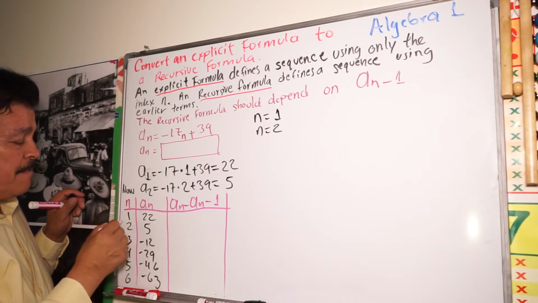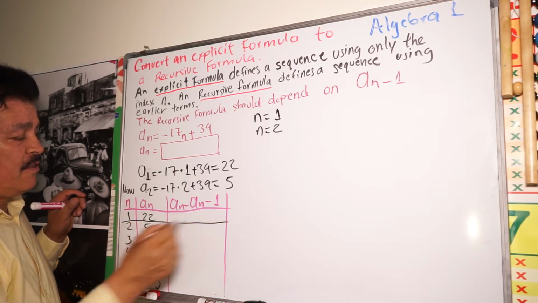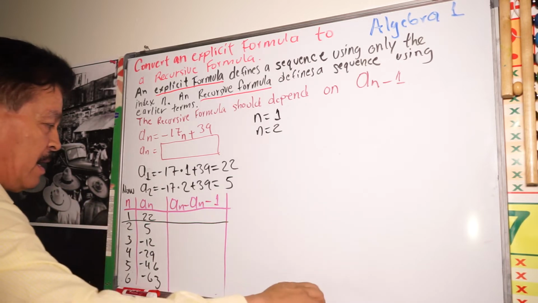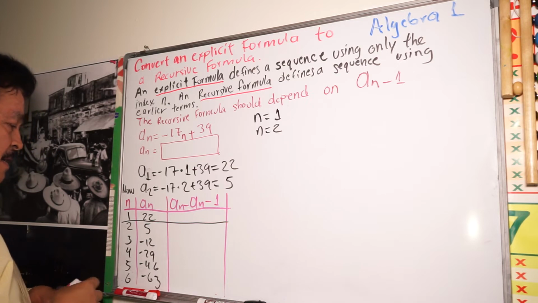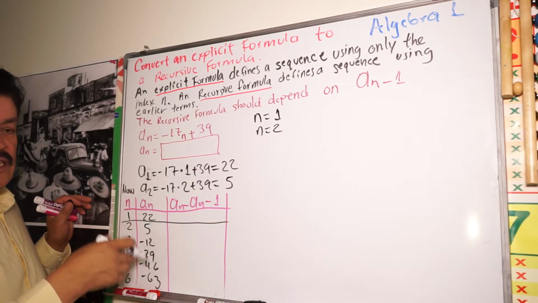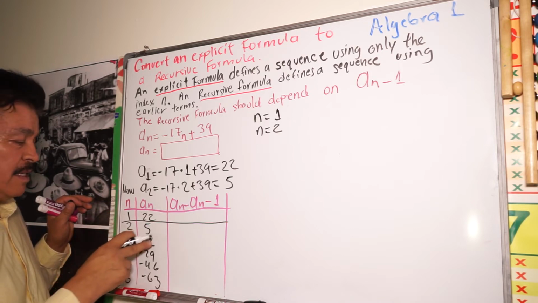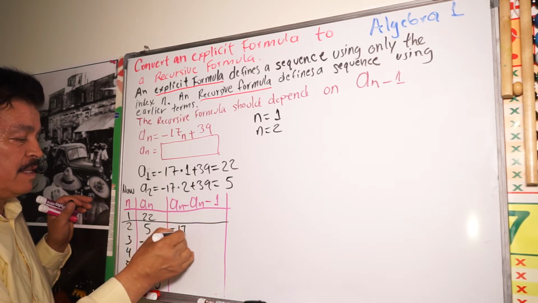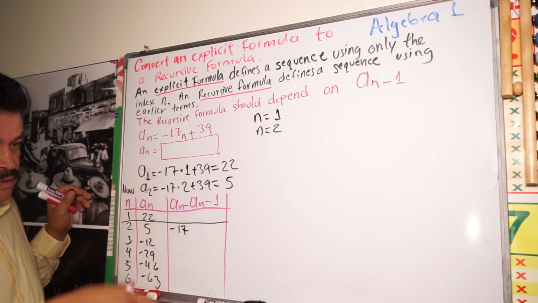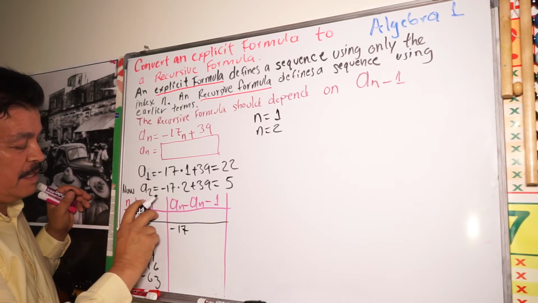You see the first term, and then the space between terms in the sequence. From 22 to 5 the change is negative 17.